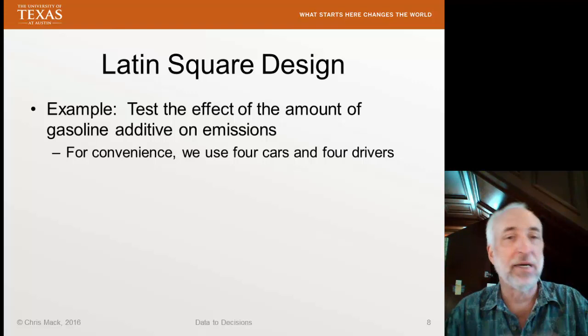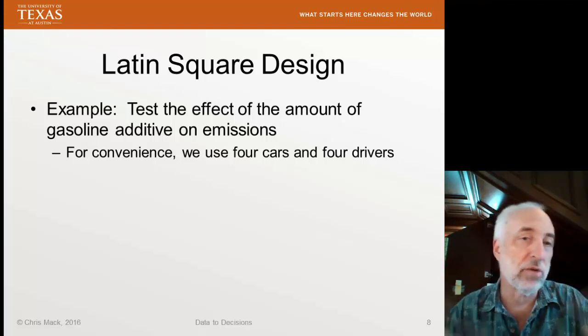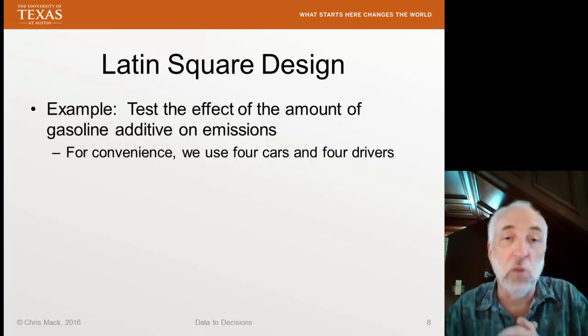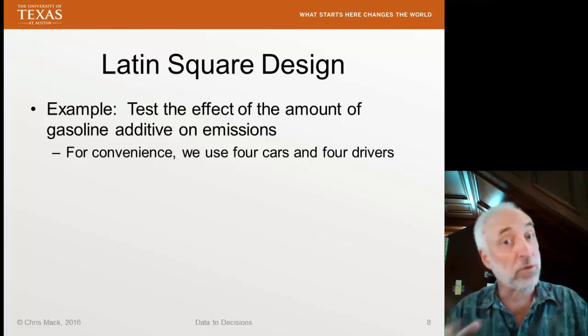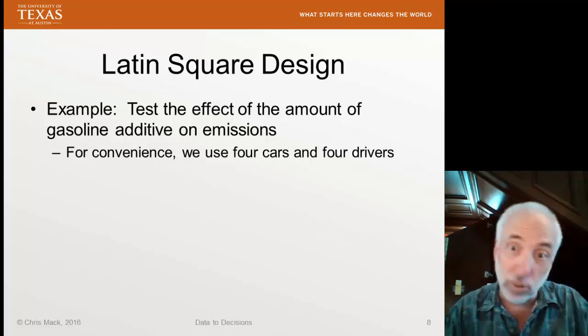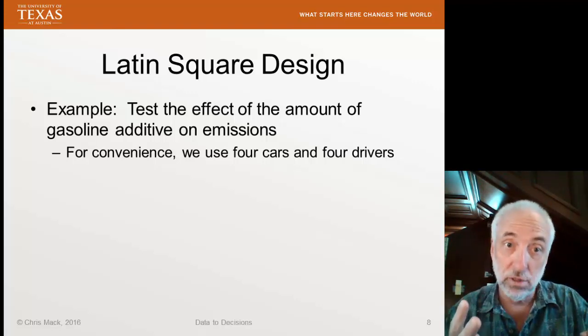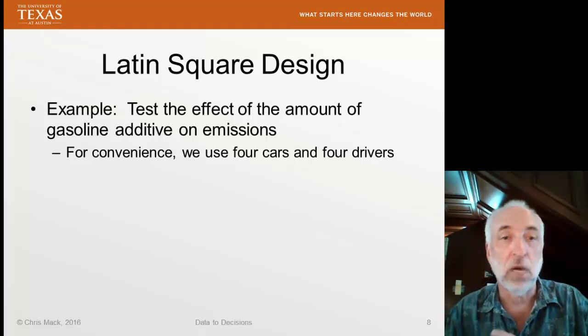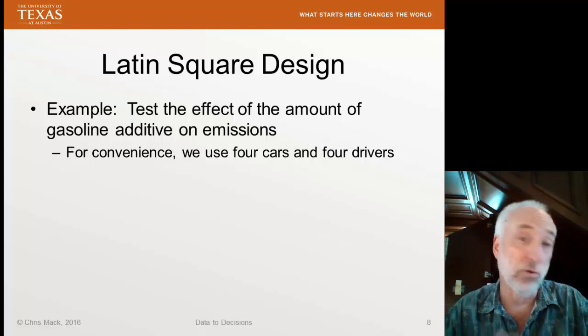I want to do 16 combinations, so I want to repeat each experiment 4 times, let's say. You might imagine it take over a month to do these tests. So for convenience, I decide to have 4 cars and 4 drivers. And that way I can get things done a lot faster, 4 times faster.